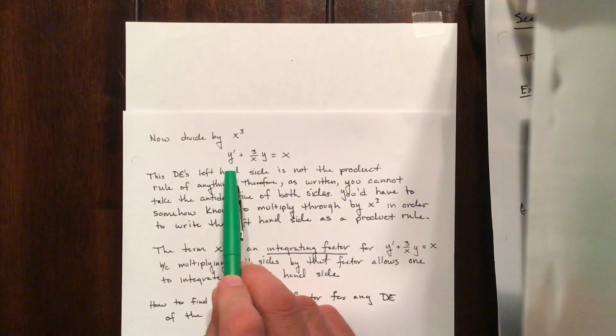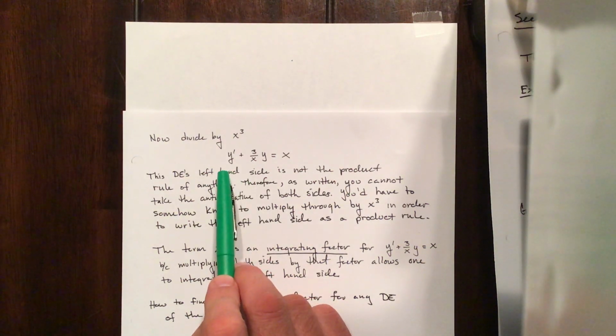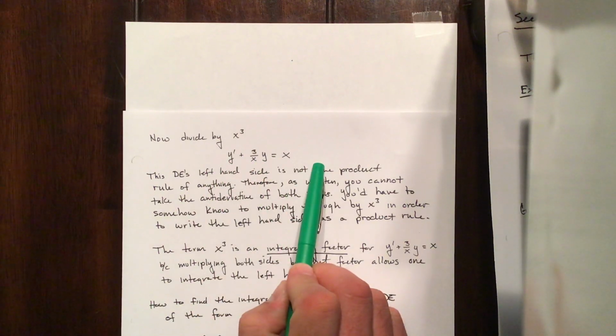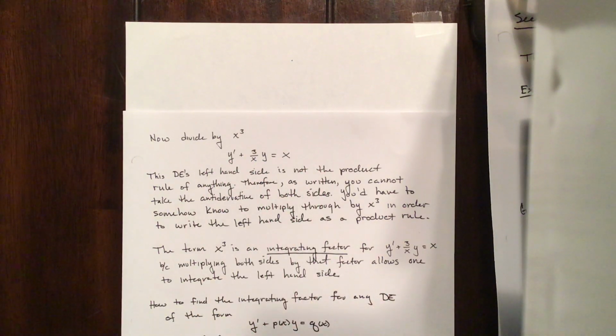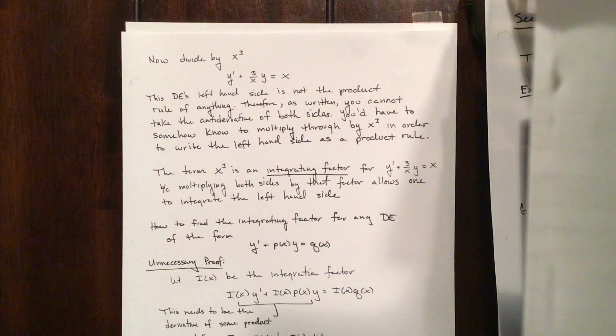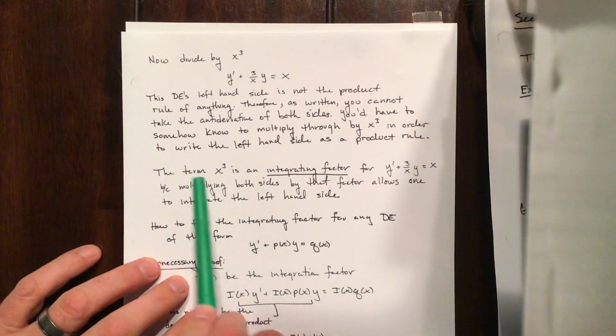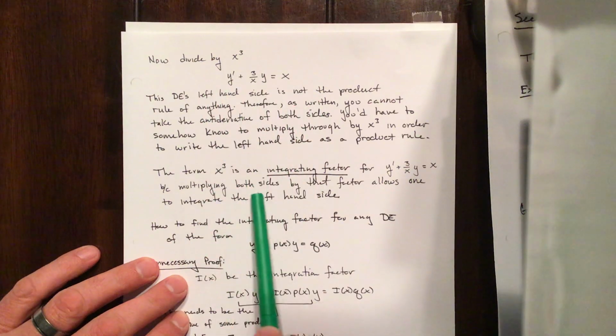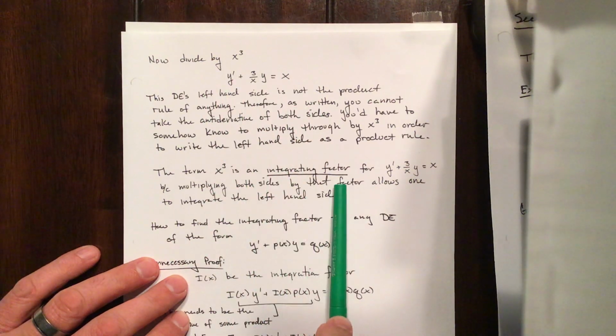Our goal is to find this magic factor that you multiply through each and every term to solve a linear differential equation. This magic factor that you multiply by each and every term to solve the differential equation is called the integrating factor.